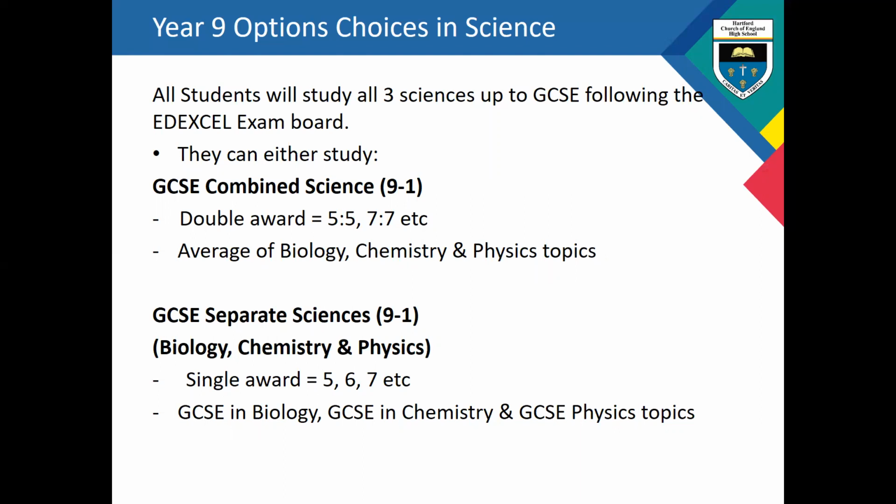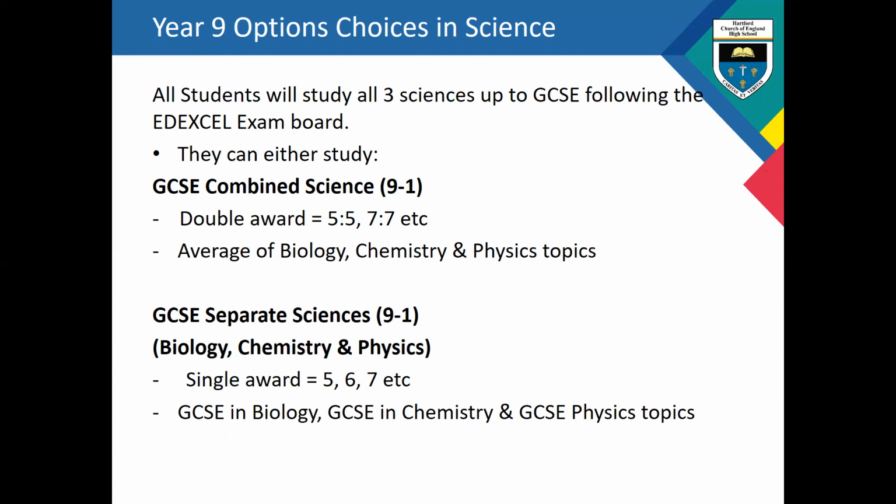Alternatively, they can choose GCSE separate sciences. They will still have to do all 3, biology, chemistry, and physics, but each one gets a single award. So they receive a GCSE in biology, a GCSE in chemistry, and a GCSE in physics.